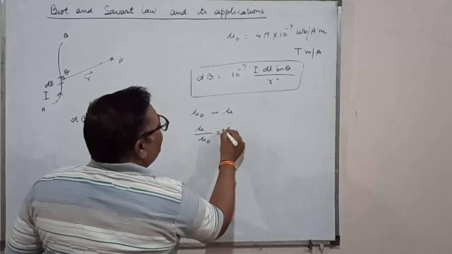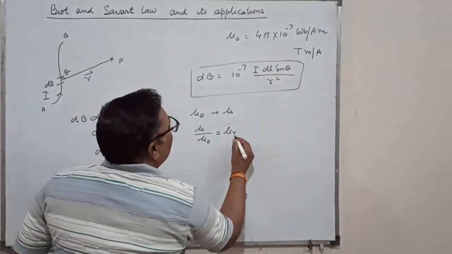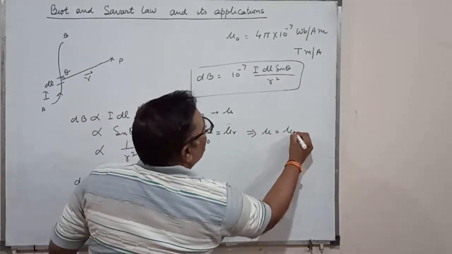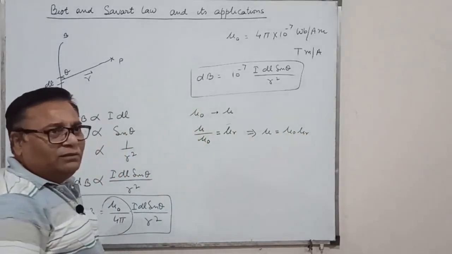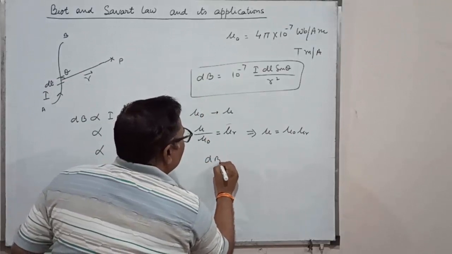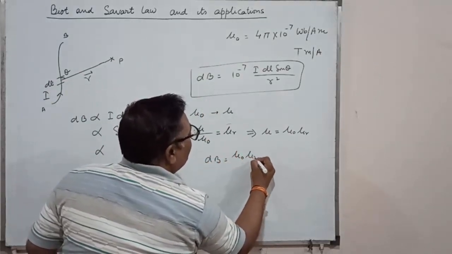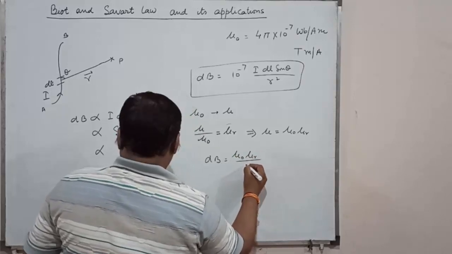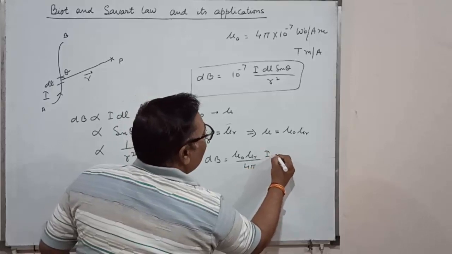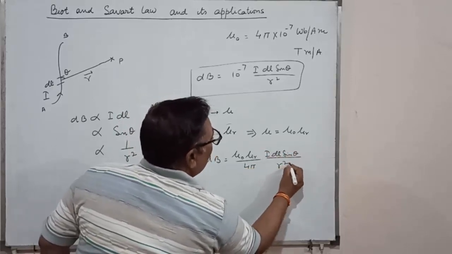This is known as relative permeability. Therefore mu is equal to mu naught mu r. So for the medium, dB is equal to mu naught mu r upon 4 pi, Idl sin theta upon r square.